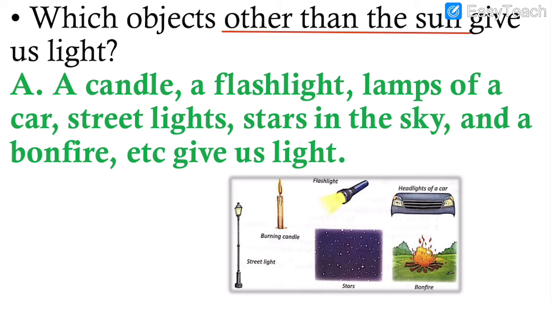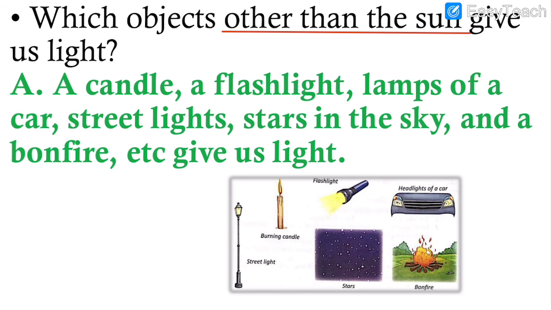A candle, a flashlight, lamps of a car, street lights, stars in the sky, and a bonfire, etc. give us light. So all these things are shown over here which I just read. All these things are the things other than the sun that give us light.